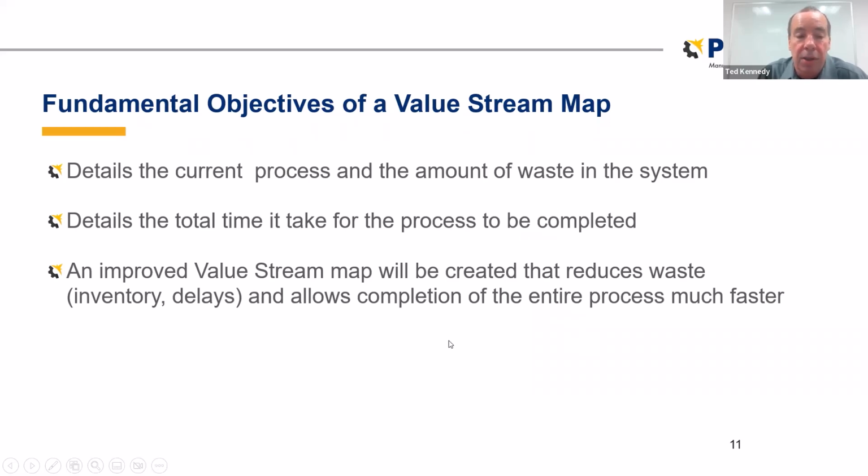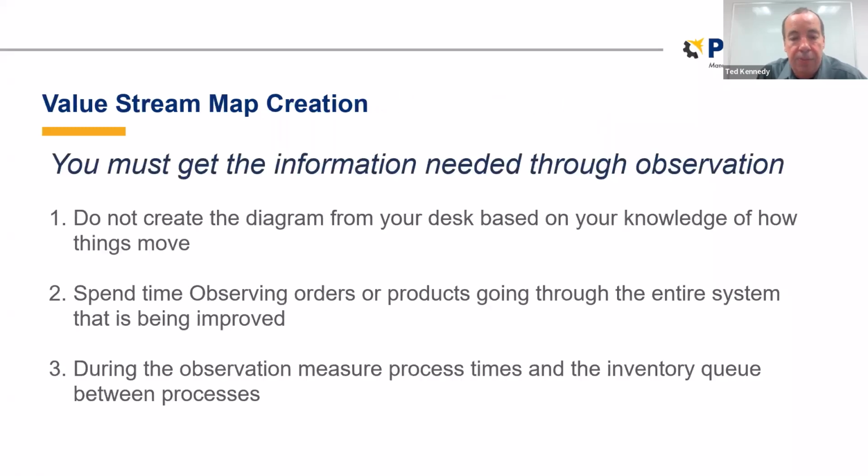When you go and look at this, you've got to capture the waste when you're out there looking at it. And you've got to collect the total time it takes for the process to be completed, including setup time, inspection times, anything involved in it. And then the goal is to make an improved value stream map that gets a lot of the waste out of the system. It makes it faster with potentially fewer errors.